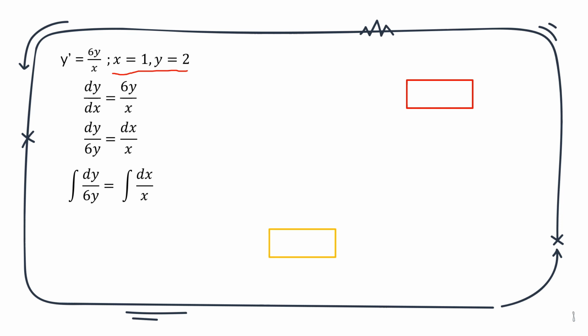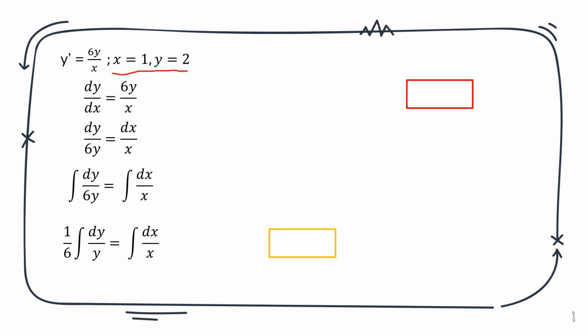So, kapag na-integrate natin, ayan, ilalabas muna itong 6 sa labas ng integral symbol. Yan, magiging 1 over 6 times the integral of dy over y is equal to the integral of dx over x.